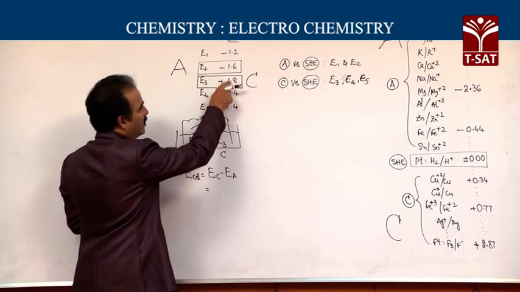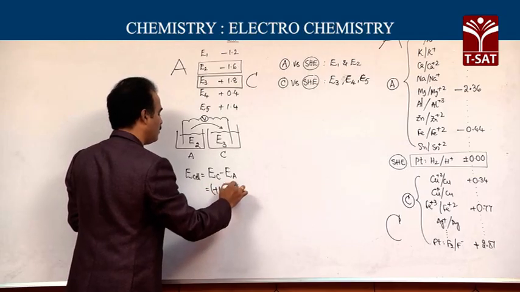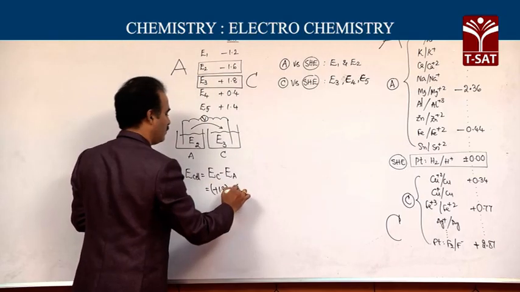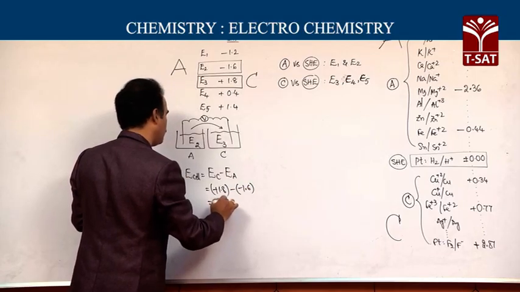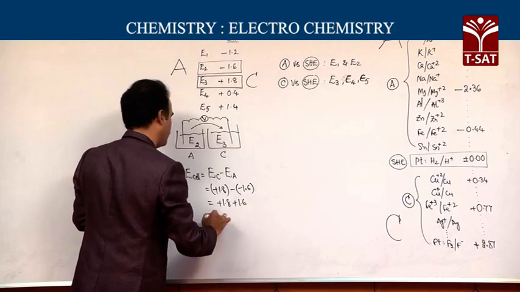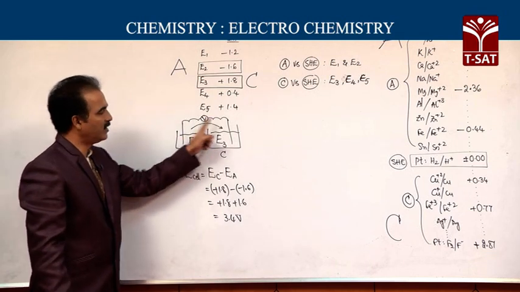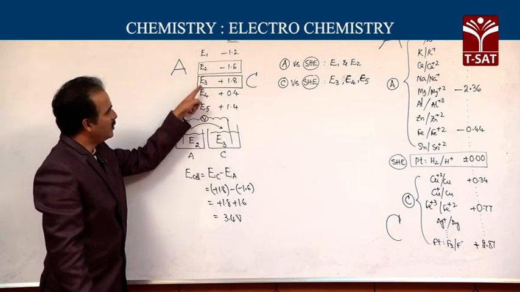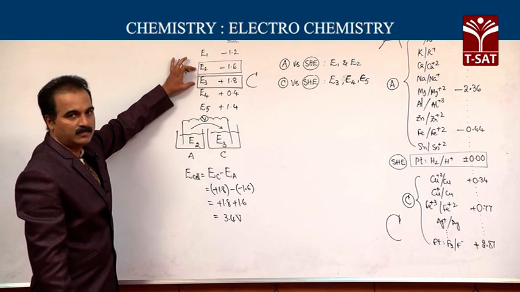Cathode electrode potential is plus 1.8 and anode is minus 1.6. So 1.8 plus 1.6, altogether 3.4 volts. So this much EMF can be generated between E2 and E3. Maximum EMF is possible between these two.